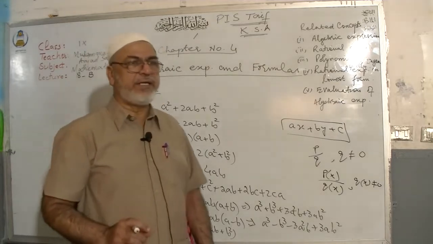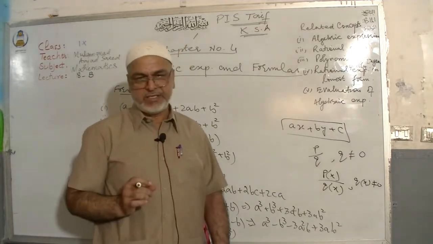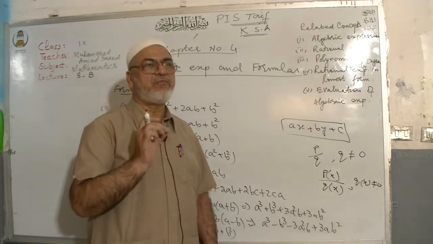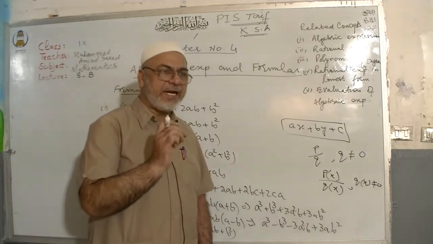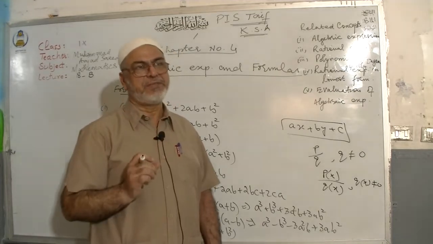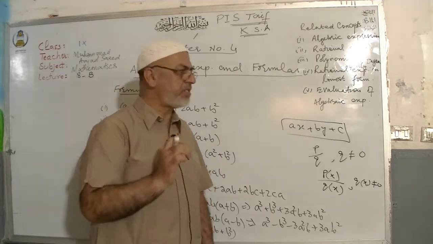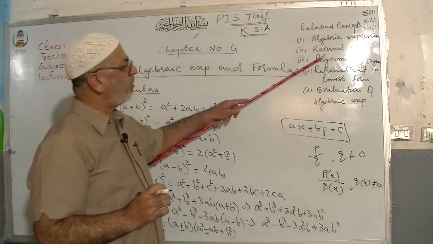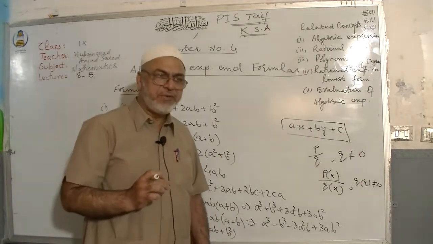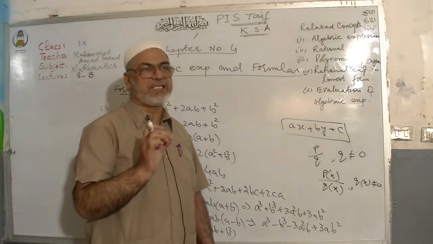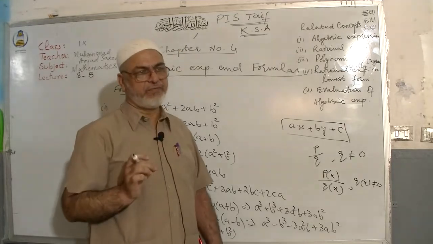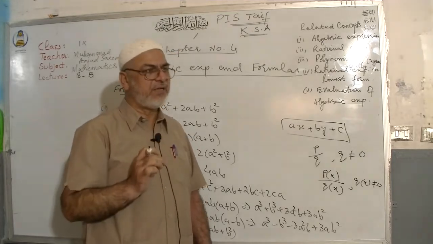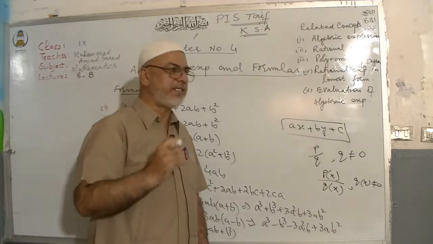Basically, polynomial is the algebraic expression in which we do not have the power of variable as negative or a rational number. Again, I am repeating, an algebraic expression is said to be polynomial if the powers of variables are not negative or the powers of variables are not fractions, for example, 1 over 2, 1 over 3, like that.